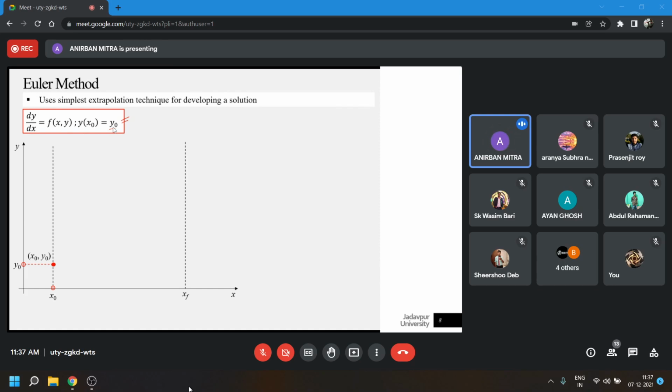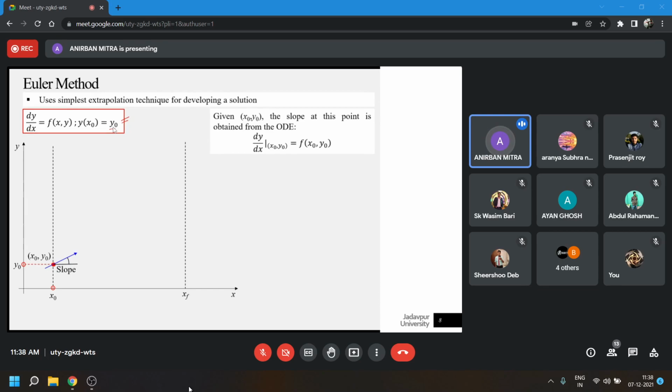Not only that, what is also known is that at the starting point, it is going to have the slope given by f(x0, y0). The given ODE is dy/dx equal to f(x,y). So if we put the values of x0 and y0 in the function f(x,y), we get a value of dy/dx, and that is basically the slope at the starting point x0, y0, represented by this arrow. That is the slope.